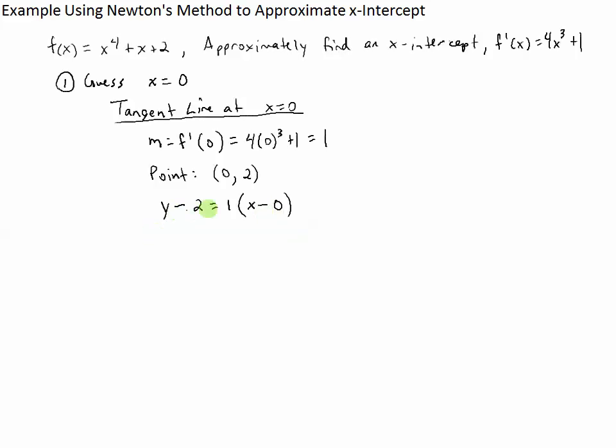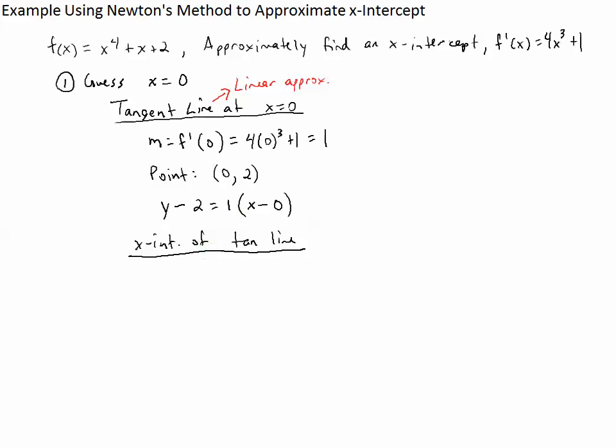Okay, so that is the linear approximation, or the tangent line. When we find this tangent line, that's simply a linear approximation of the function at x equals 0. But now we need to find the x-intercept of this linear approximation, or of this tangent line.